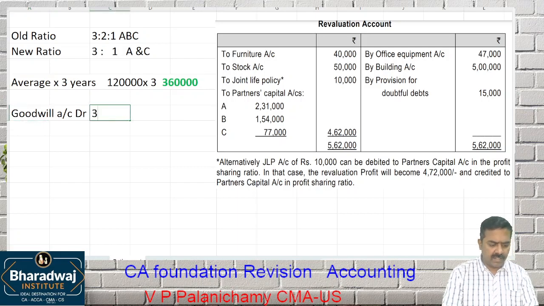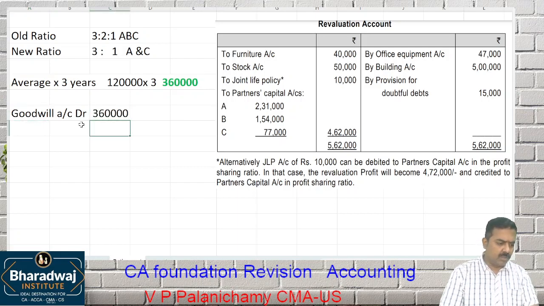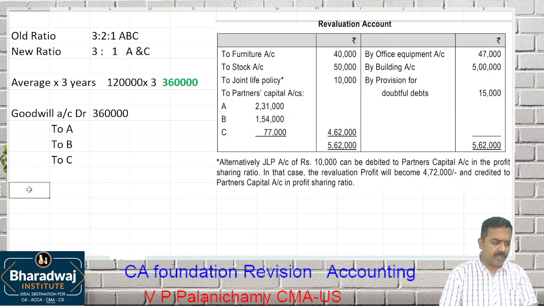Goodwill account debit 3,60,000 to old partners and old ratio. Then write off to continuing partners. Write the example properly, A's capital, B's capital like that.